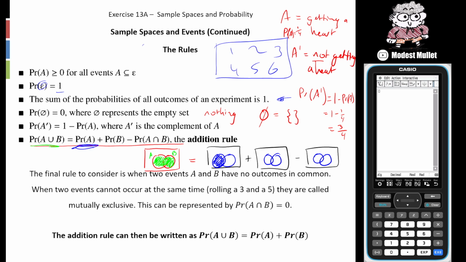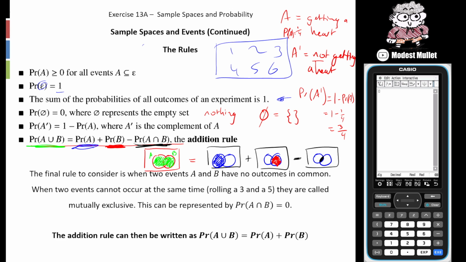And I'm going to highlight that in green, get some colors going on here, plus the probability of B, which is in red, all this here. Take away the probability of A intersect B, which is the overlap in the middle.